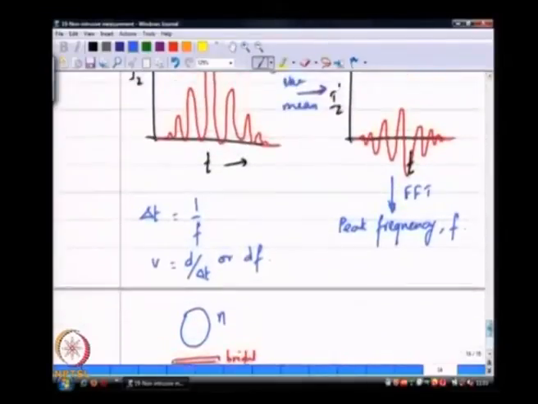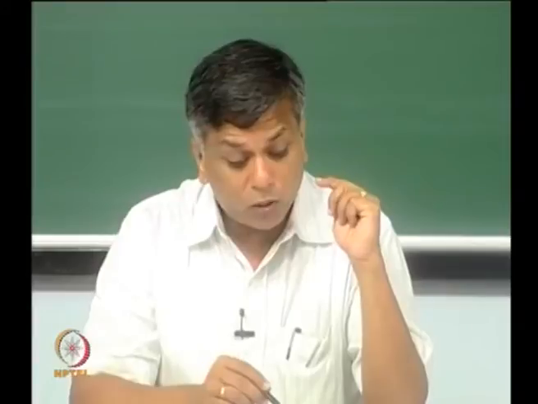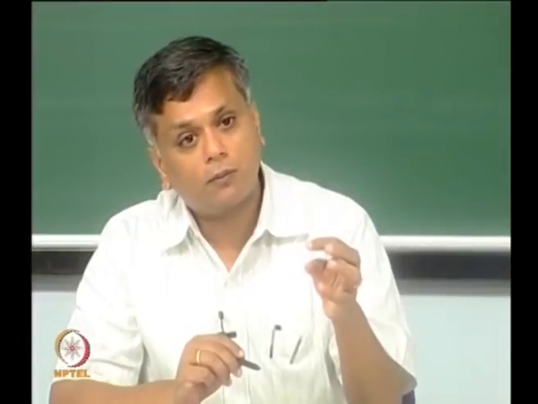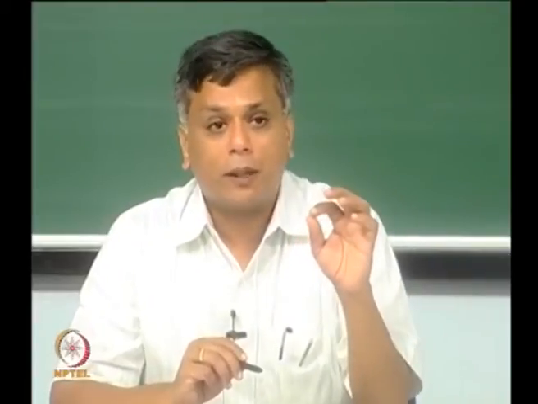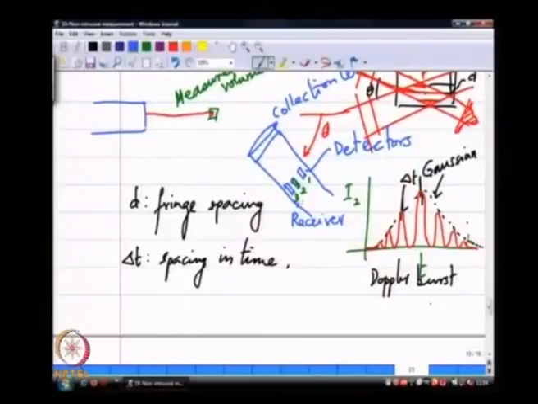So, the previous argument that we looked at, where I took I2, the intensity observed by one of the 3 detectors, and from just that one detector I am able to get the velocity information, but I need to know the fringe spacing. If I now have this transparent drop, I do not know the size of the drop, but I do know the initial fringe spacing without the drop, that is from the geometry of the intersecting beams. So, if I take the fringe spacing to be a function of the refractive index and the drop size, and I have multiple detectors, really speaking, I only need one more detector.